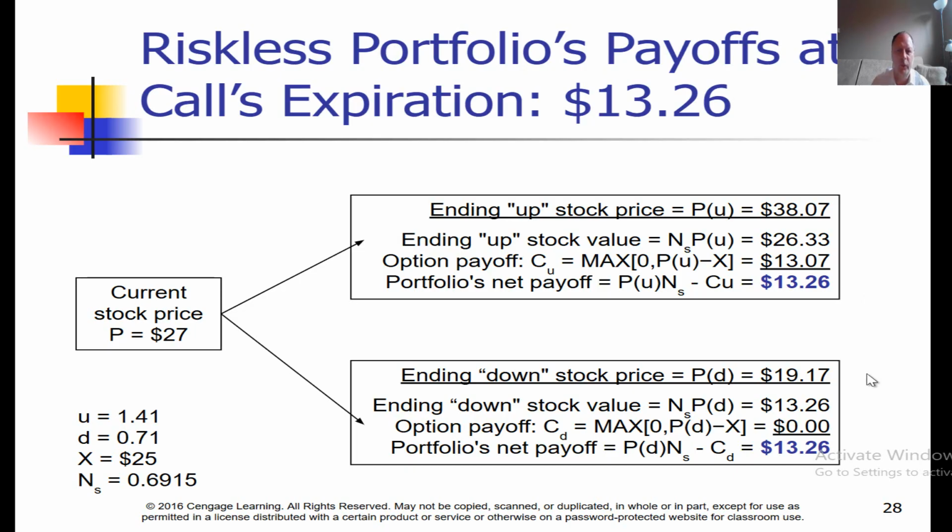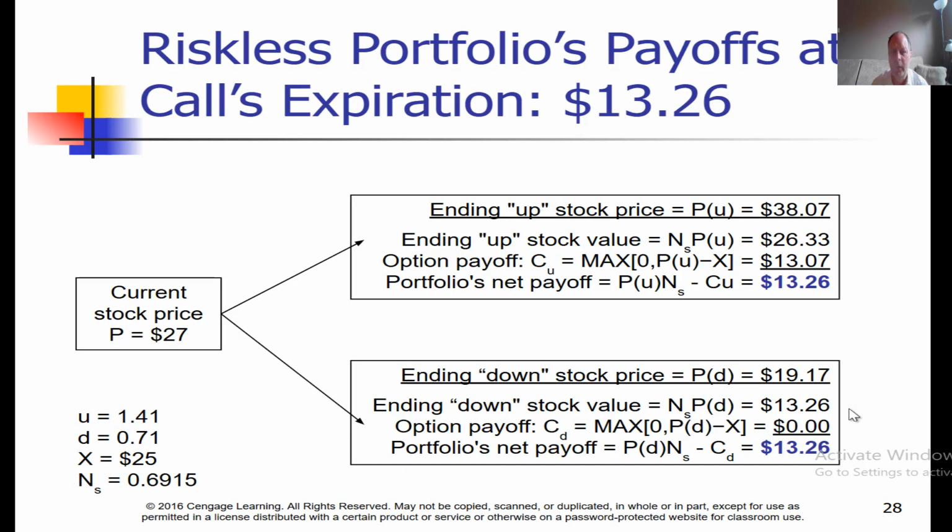The other possible future is if the stock goes down, in which case our stock price is going to be P D, which is 27 times D 0.71, which gives us $19.17. The ending value is going to be N S times that, our 0.6915 times 19.17, for a stock value of our portfolio of $13.26.